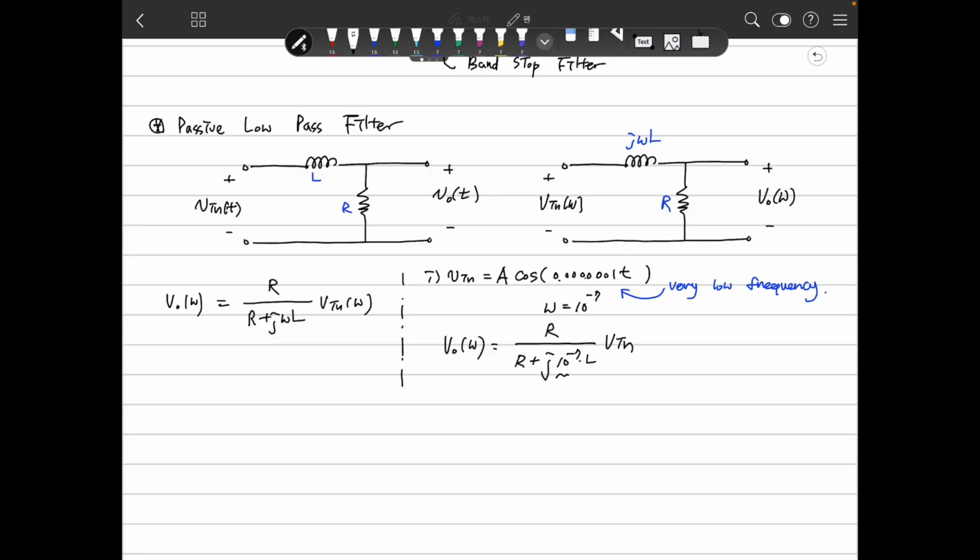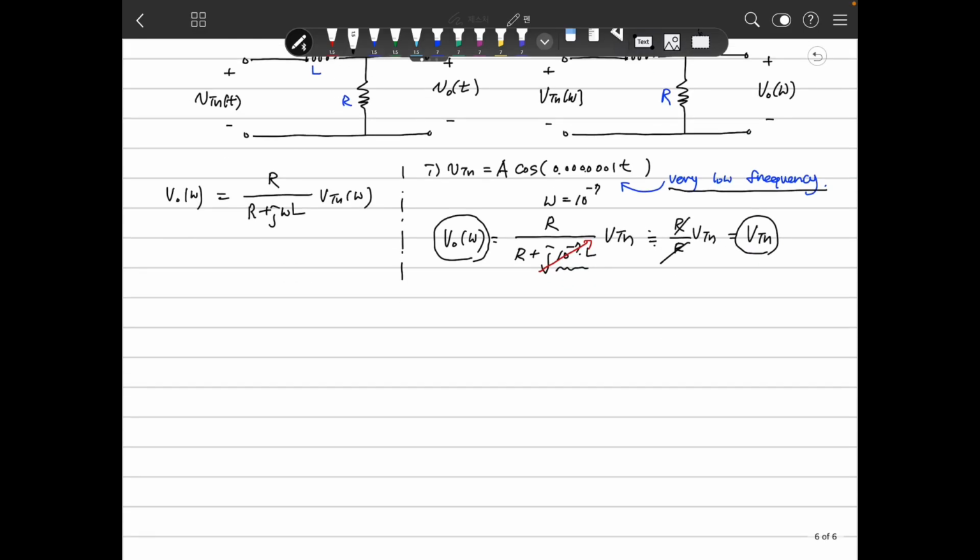These are very small values, right? So we neglect these terms. So this will be about R over R times V in. Therefore, this will be V in. So at very low frequency, V out is the same as V in. That means this filter passes the input to the output directly.